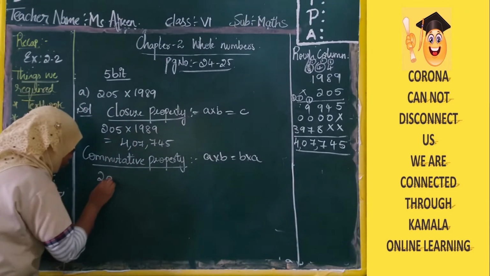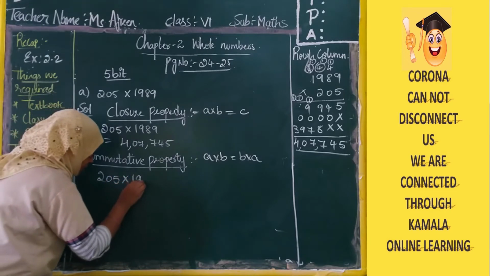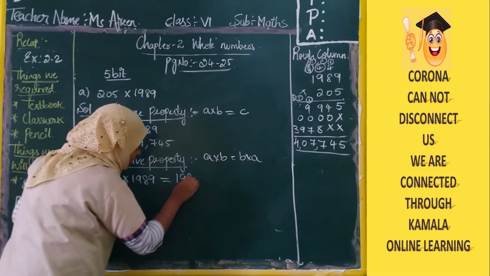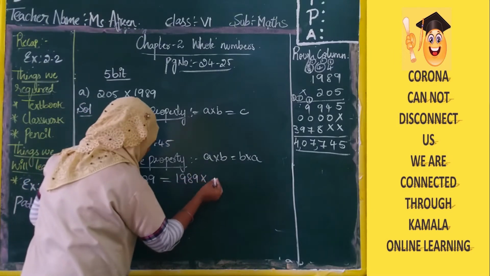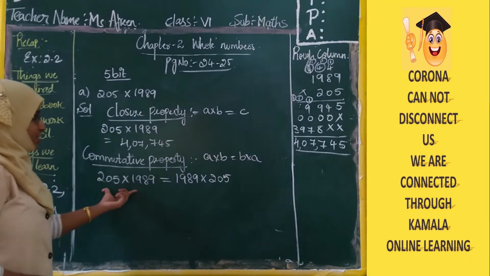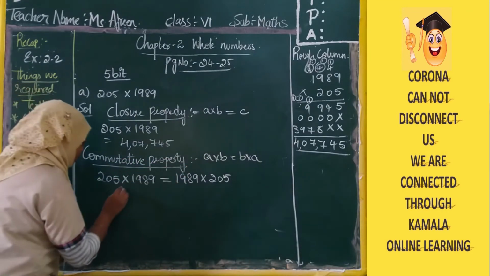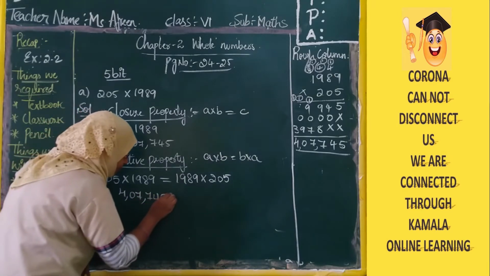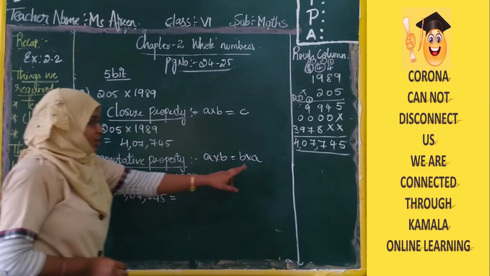So 205 into 1989 is equal to 1989 into 205. What answer did we get when we multiplied these two? We got the answer 4,07,745, which is equal to B into A.